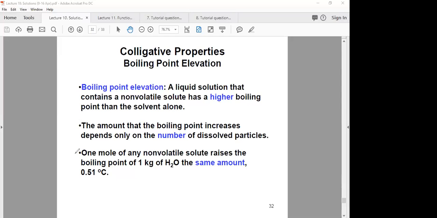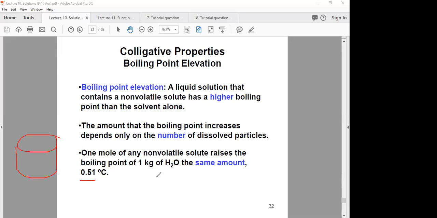So if we have 1 mole of a non-volatile solute and we place that 1 mole into 1 kilo or 1 litre of water, then the boiling point will increase by 0.51 degrees Celsius. Let's try to visualise that. Let's say you had a pot of water.